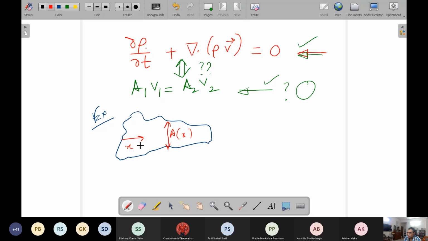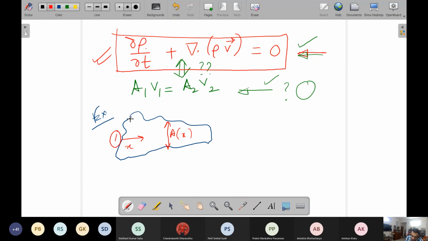So we want to apply this continuity across the two faces 1 and 2. So this is face 1 and this is face 2. Why 1 and 2 faces are important is because the fluid is entering 1 and leaving 2.